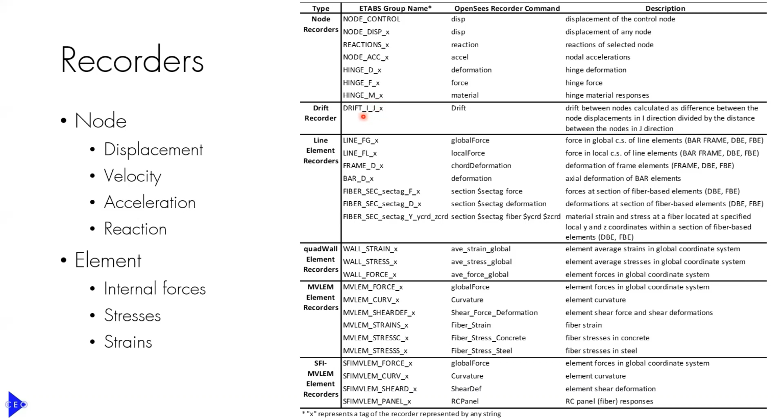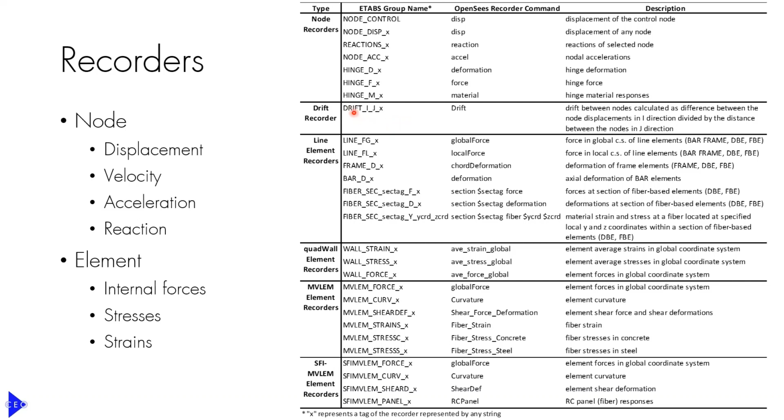For drifts, here we have really useful automation, where you could just select a bunch of nodes along the height, and they will be automatically reorganized from the bottom to the top, and it will create the drift recorders that will give you the results of the drift.